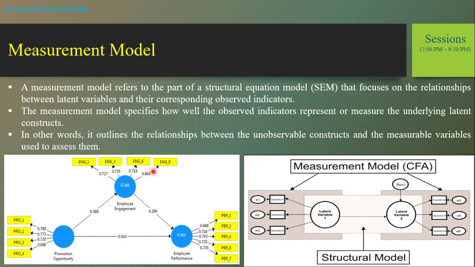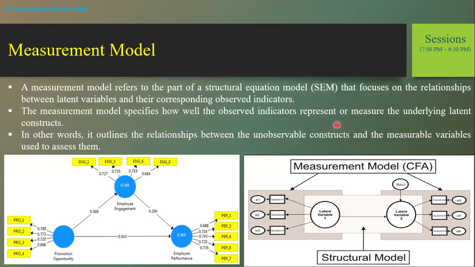If some indicators show a value less than, for example, 0.60, you can simply delete that indicator and rerun the procedure. If you look at employee engagement, some of the indicators are missing: ENG1 is here but ENG2 is not, and ENG4, ENG5, ENG7 and ENG8 are not here.